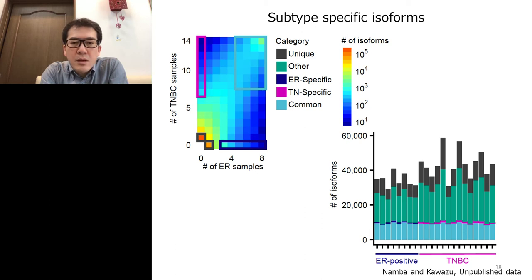And as shown in the right graph, the numbers of detected unique isoforms varied between samples depending on the total numbers of detected isoforms. In contrast, there was little variation in the numbers of common isoforms.